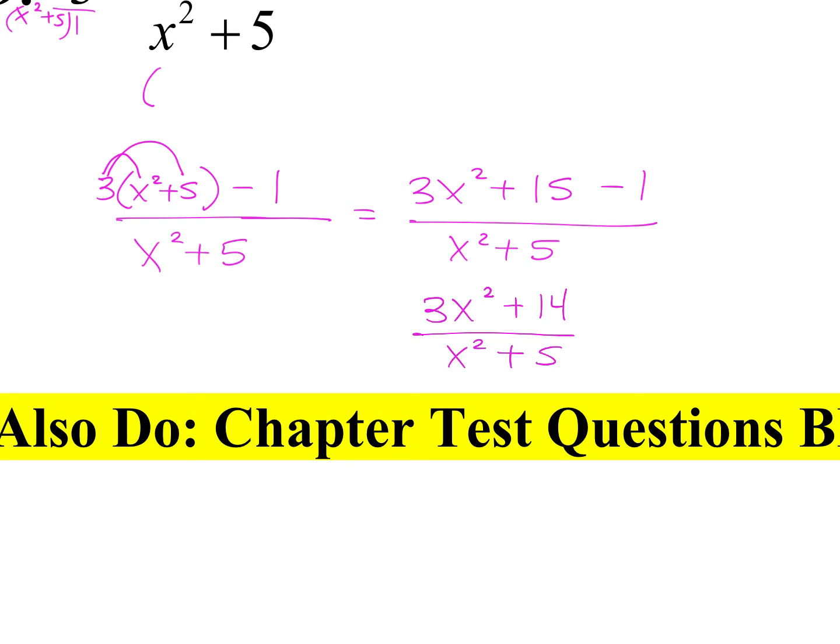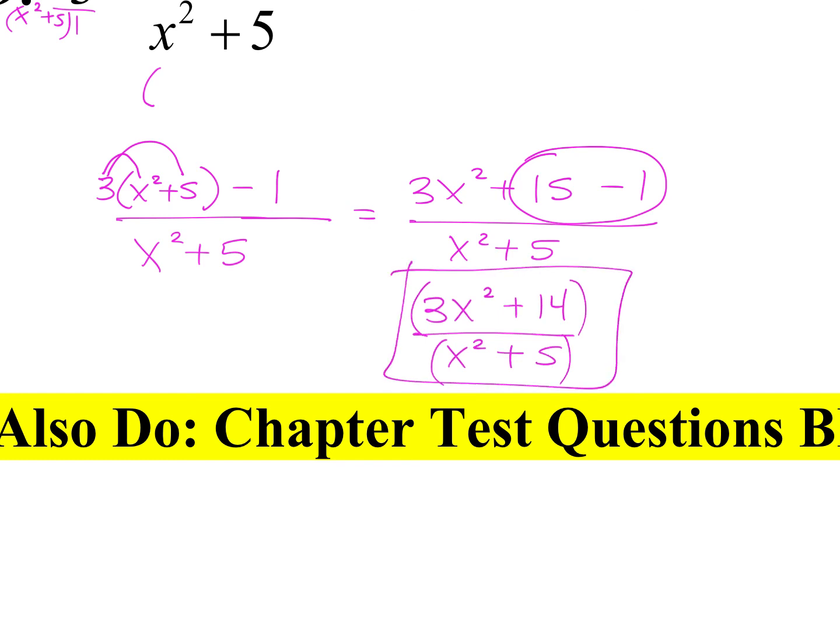It's really tempting right there to go, oh, x squared over x squared, I can slash that away. But this is an expression, and this is an expression. So if you can't take an x squared out of everything, you can't take it out of those first two. I subtracted these, 15 minus 1. So that's as far as you can go. Okay?